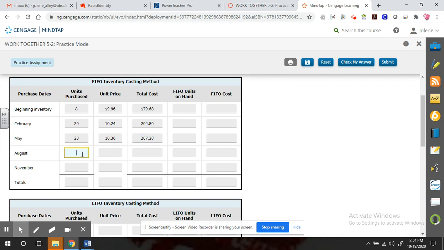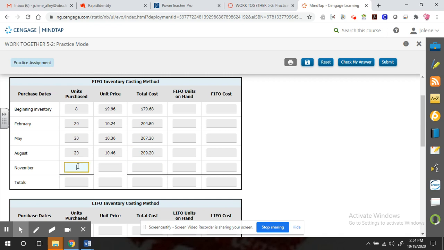In August, they ordered another 20 at $10.46. 20 times 10.46 was $209.20.